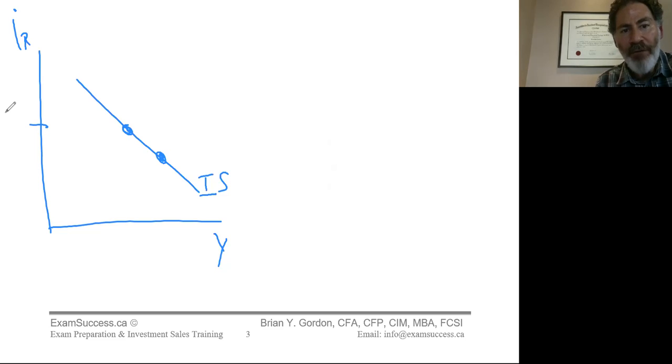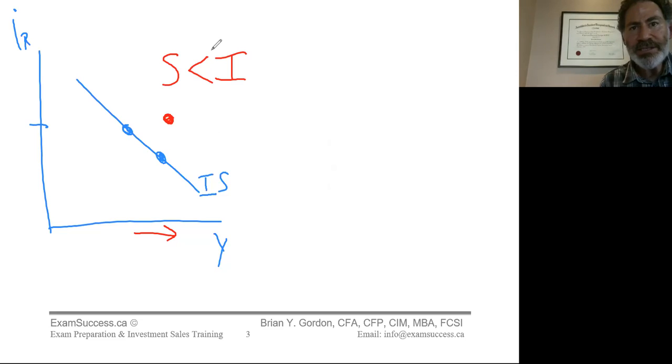If we are off of this curve, let's say we're over here on this side, how do we get to that? Well, let's say the income level has increased. So we need a mechanism that's going to bring us down to equilibrium. So in this case, over here, the savings is below the investments.